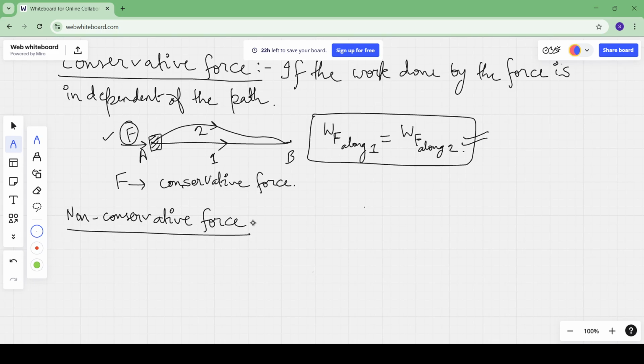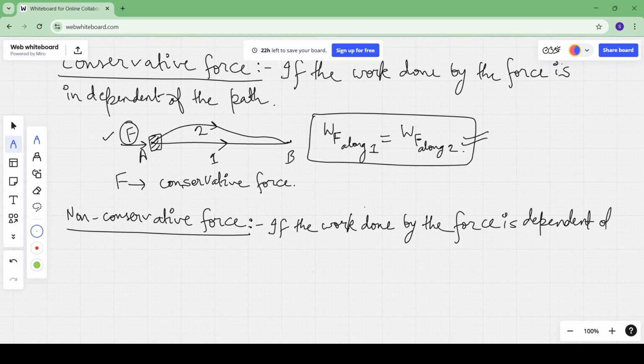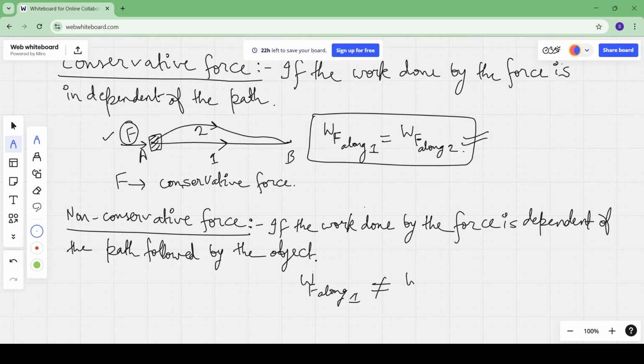So what about non-conservative force? It's just the opposite of the first one. If the work done by the force is dependent on the path followed by the object, then in that case, keeping the same example as above, the work done by the force along path one is not equal to the work done by the force along path two.